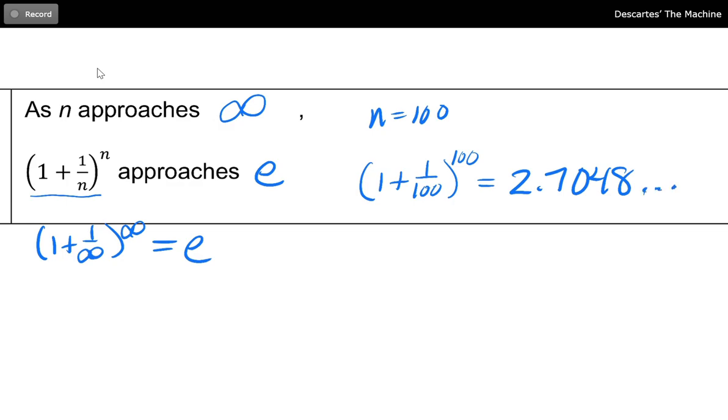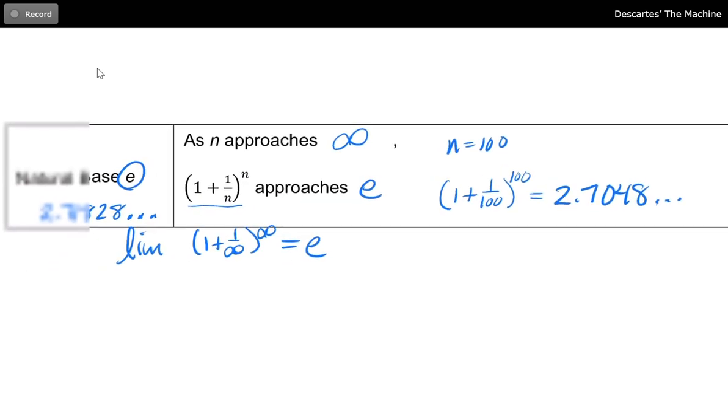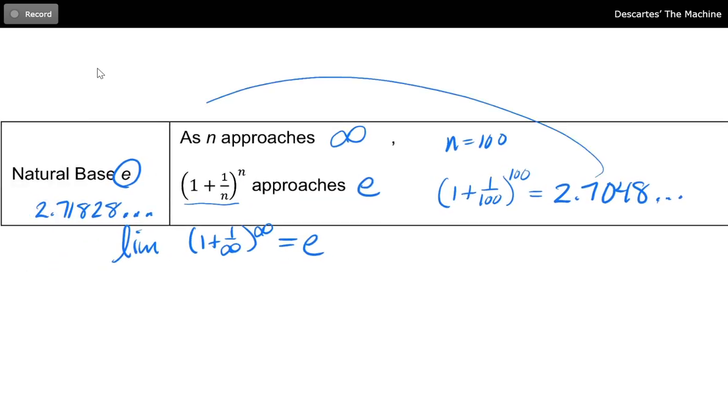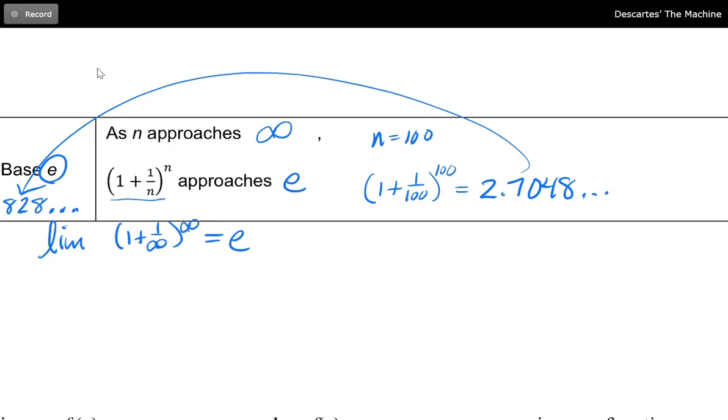Gee, how did that compare to the actual value of e? Well, it's getting pretty close. And if you made the exponent higher and the denominator higher, if we let n equal 10,000, 1 plus 1 over 10,000 to the 10,000, you would get closer.